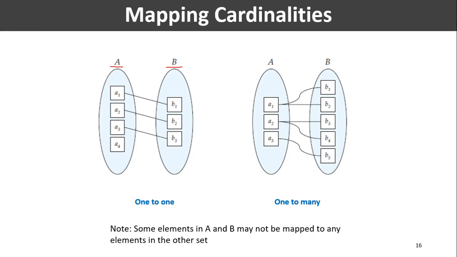So if this is the case, then we say that the advisor relationship which is there in between the instructor and student, so the instructor and student entity sets are related with this advisor relationship, and if we are supposed to impose this condition, then we will say that advisor relationship is having one-to-one mapping cardinality between instructor and student.